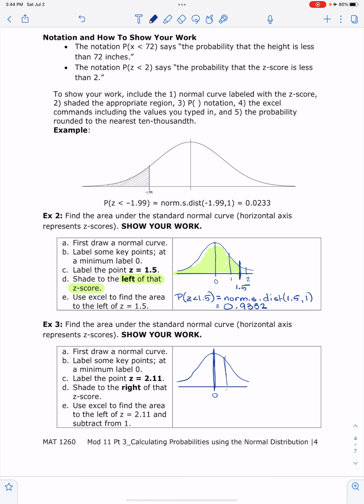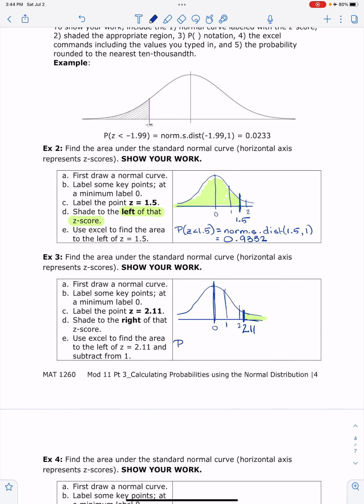I've got 1 standard deviation, 2, my 2.11, right there. This one's asking me to shade to the right of the z-score, and it is important to shade so we have a visual of the fact that we are going in that opposite direction.